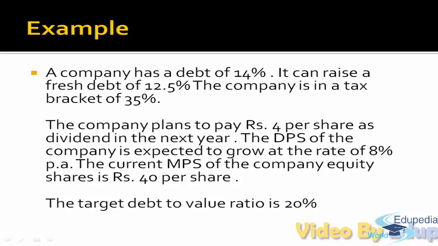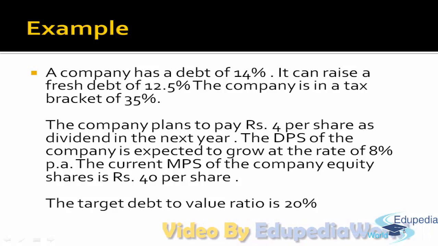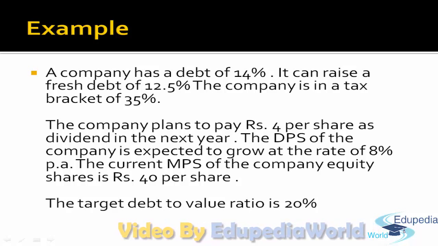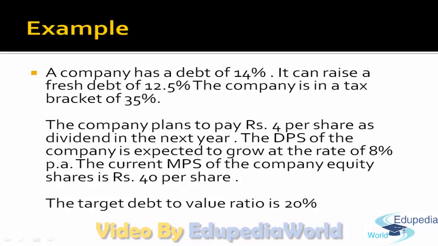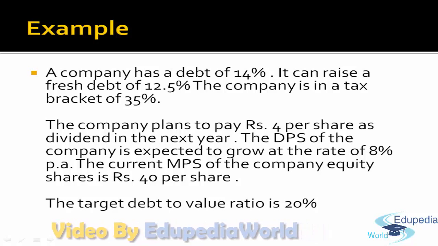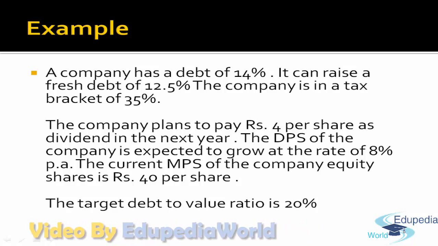So the question has specified that whatever additional funds you are going to raise into the business in the future, the debt portion will be 20 and your equity is the balance, that is 80. That means out of 100 rupees, if you are going to raise 100 in future, 20 will be debt and 80 will be equity.